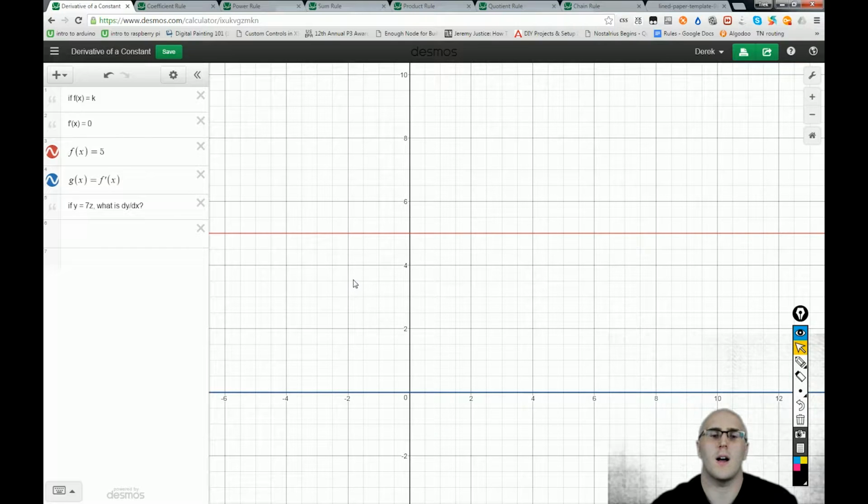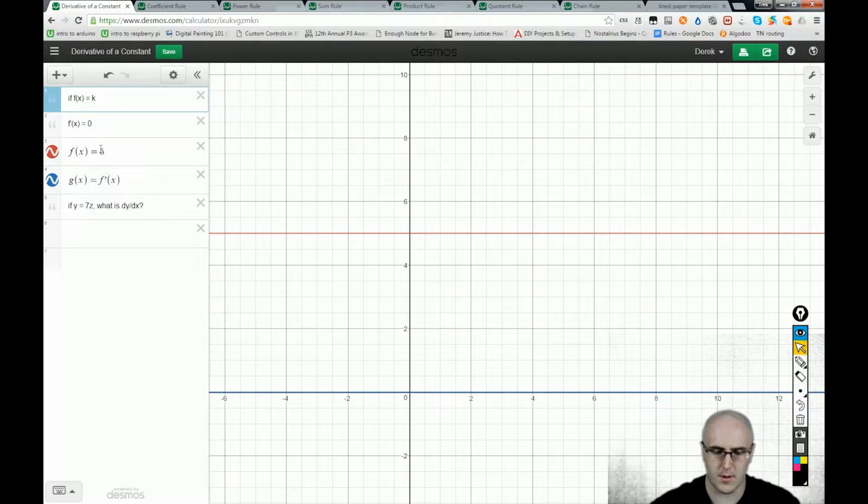Simple enough, but before we move on, I want to make sure I cover an important detail as we get further and further into calculus, and that's that this constant here that we are talking about, this k, f of x equals k, is not necessarily a true constant. What it is is a constant with respect to x.